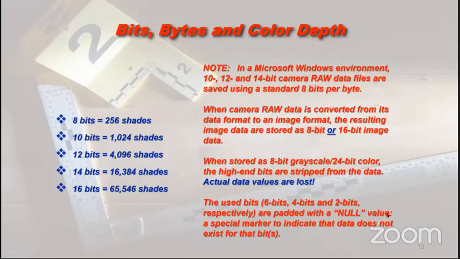Now, as we're talking about the different bit depth, we need to understand that technology is a great tool and that we are going to have a high degree of sensitivity. And this is crucial when trying to photograph trace evidence. When we get into 8 bits, again, we have 256 shades. 10 bits, we get into 1024. 12 bits, 4096. 14 bits is where we get into 16,384 different shades.